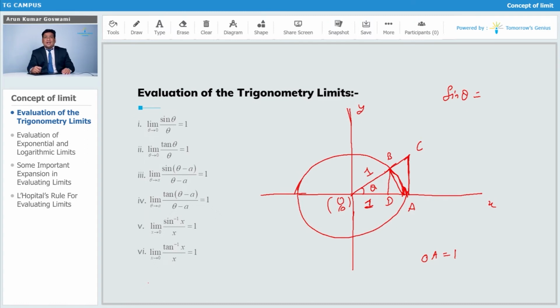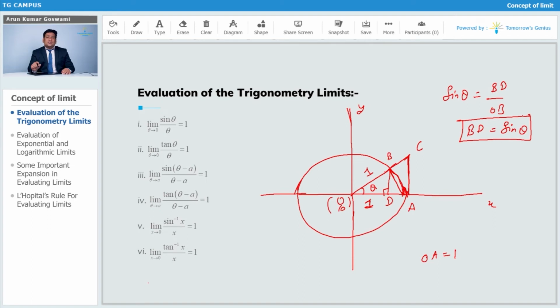In triangle OBD, BD is the perpendicular, so sine theta is equal to BD by hypotenuse, which is OB. So BD is equal to sine theta. This is very important. We got BD from this.